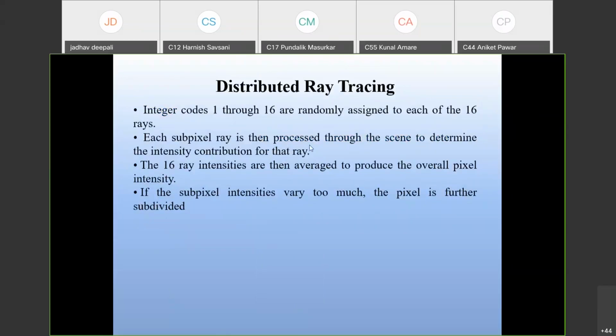Each subpixel ray is then processed through the scene to determine the intensity contribution for that ray.